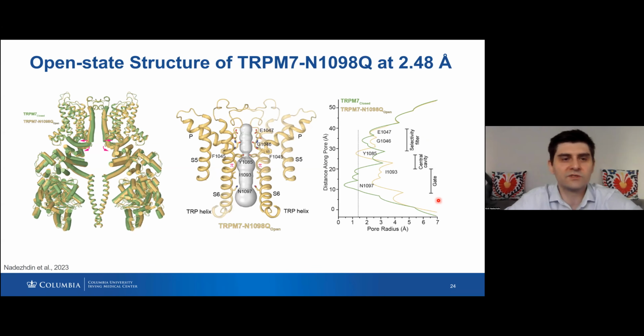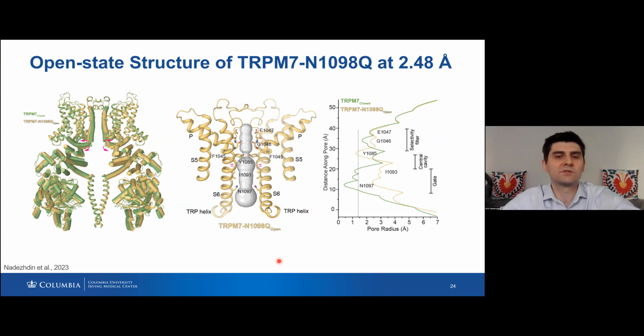So we solved the structure of this channel with this mutation, and interestingly, as expected, the channel now is in the open state, although it looks very similar. We see some differences only in the pore. So everything stays mostly the same, but only the pore becomes wider. And you can see here also on the pore profile.